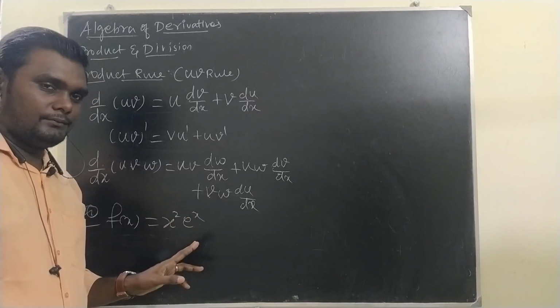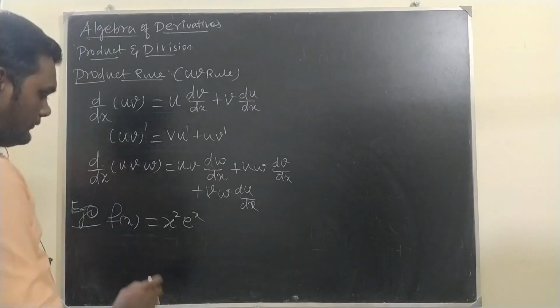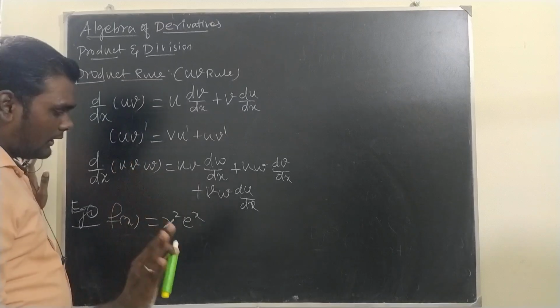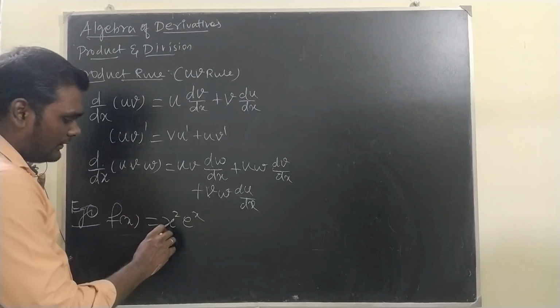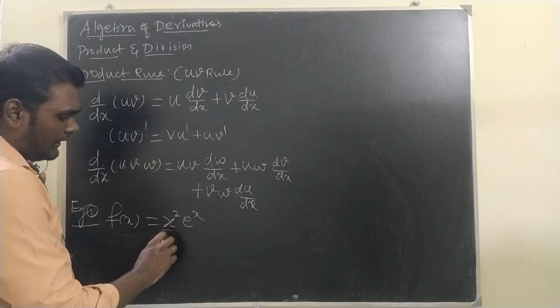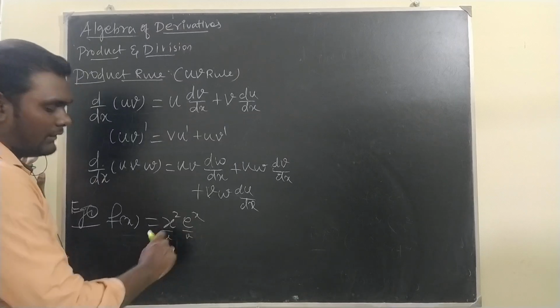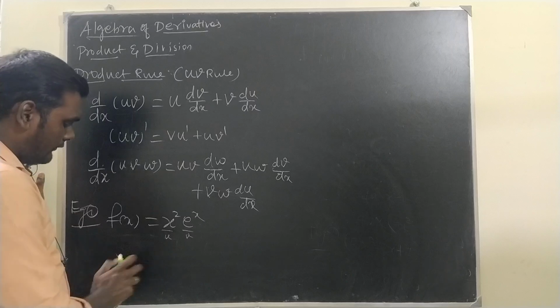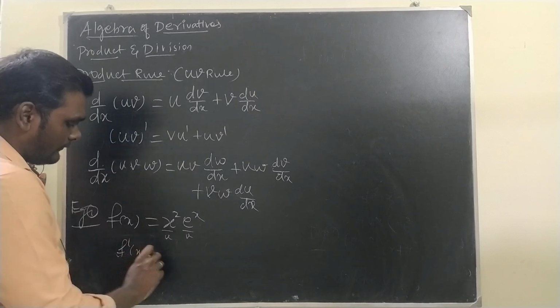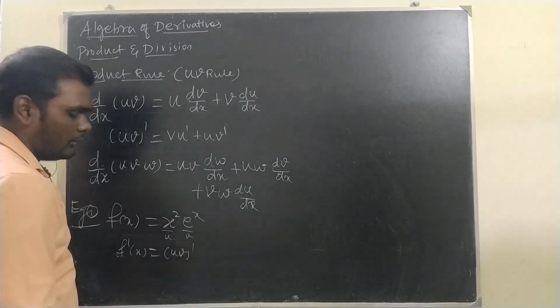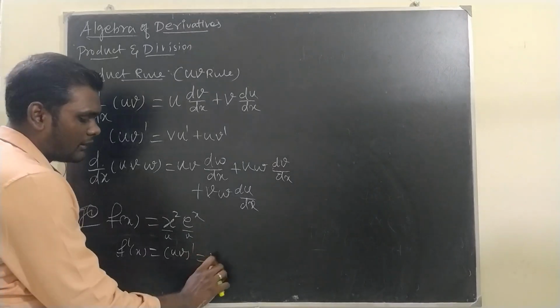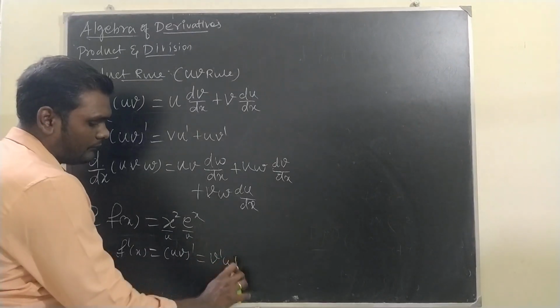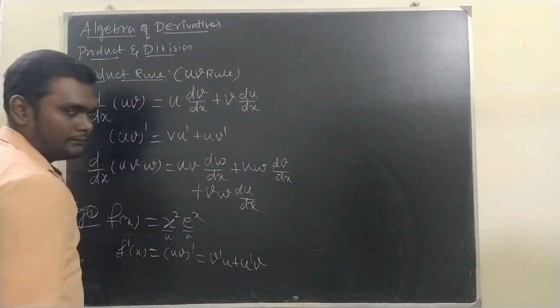The product rule. See, if you are not able to follow this directly, you can name it like this is u, this is v. Mark it in pencil and write the uv rule. f dash of x equals (uv) dash. (uv) dash means v dash u plus u dash v.